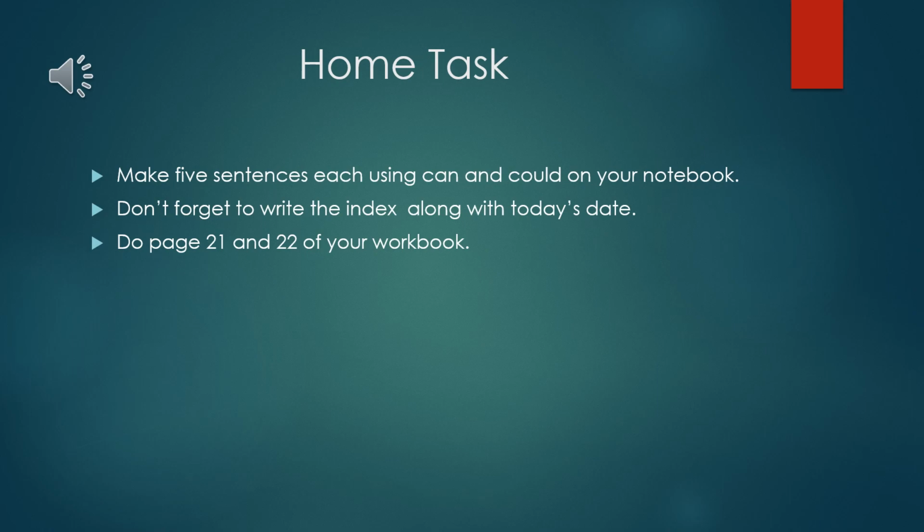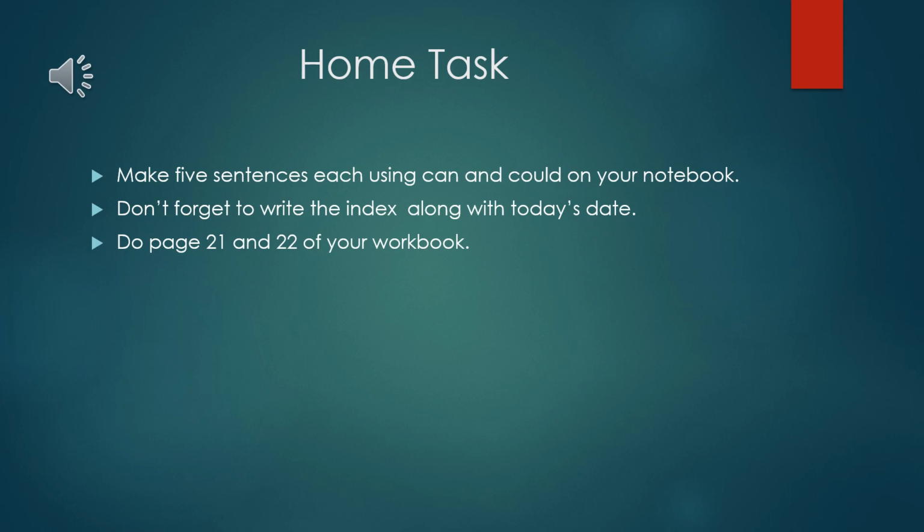Okay students, this is the home task for today. At first I decided not to give you a home task, then I realized that we used to have an online class once a week and you have plenty of time to do this work, and I'm sure it wouldn't be difficult for you to do it yourself. So the first one is make 5 sentences each using can and could in your notebook.